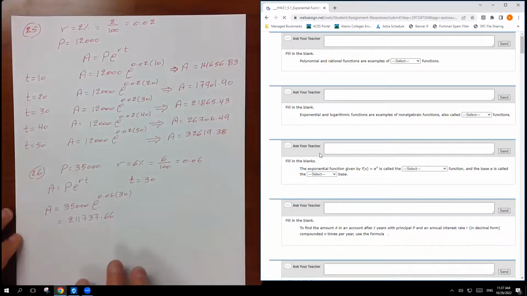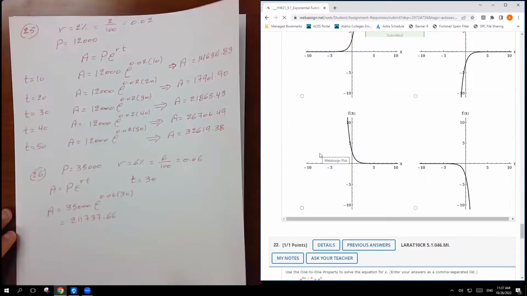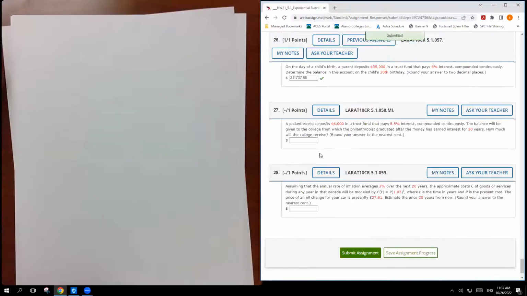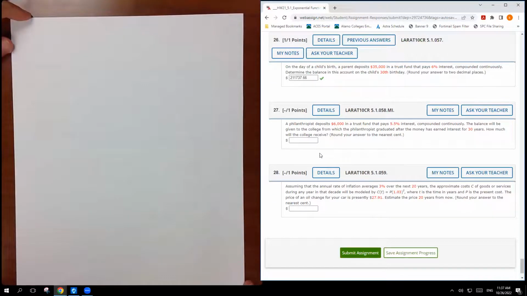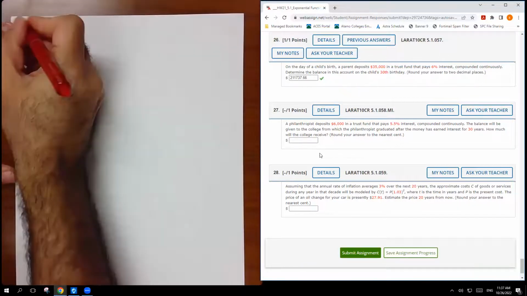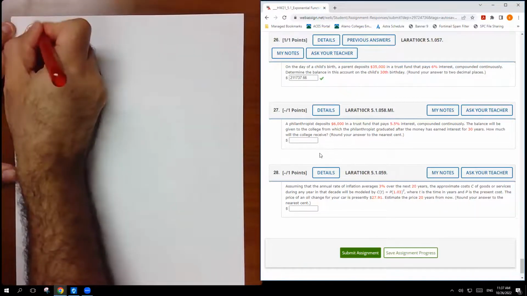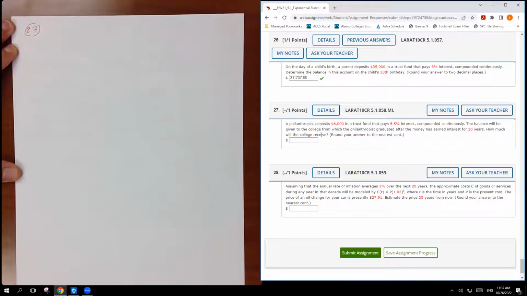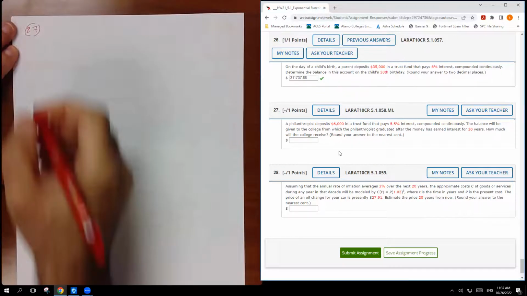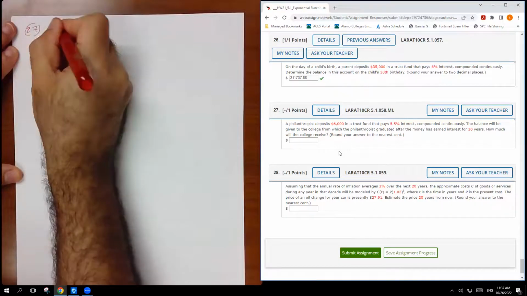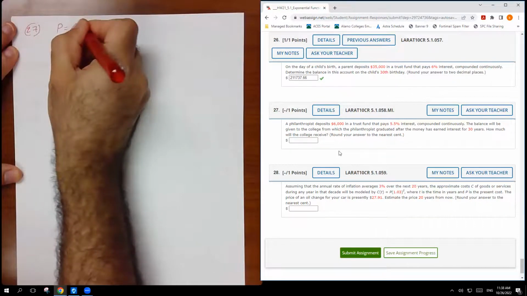We're going to do the same thing with example 27. What I'm going to do is write down the information. Deposit 6,000. So here is the deposit, which is 6,000.